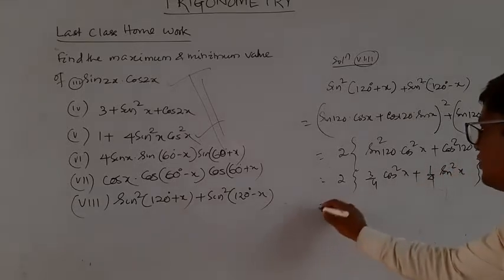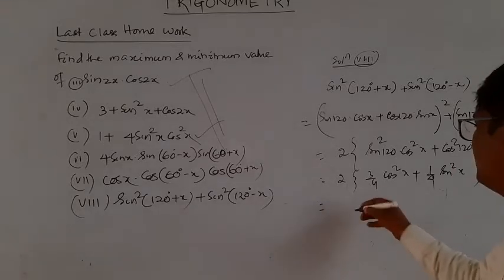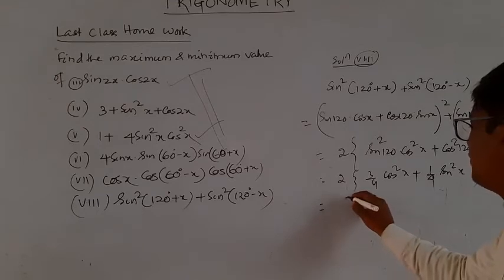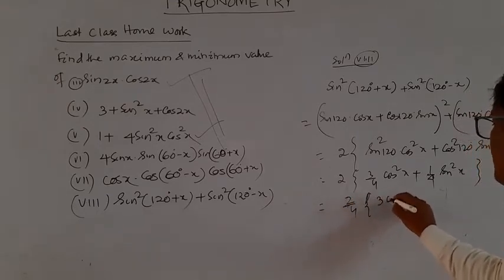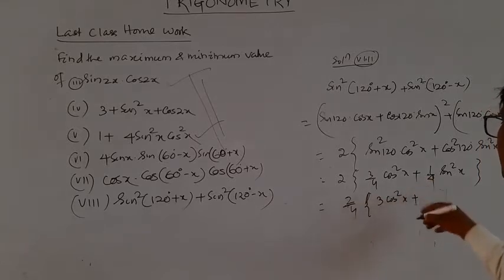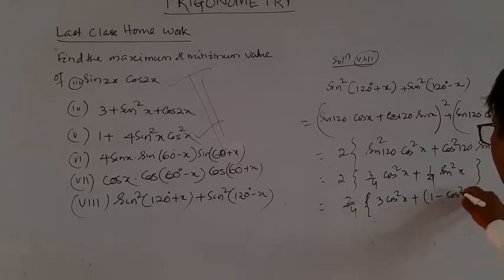So LCM, that is 2 by 4, okay, and this is equal to 3 cos square x plus, here take 1 by 4 common, 1 minus cos square x.